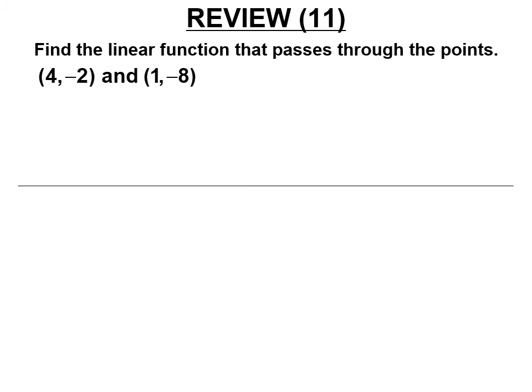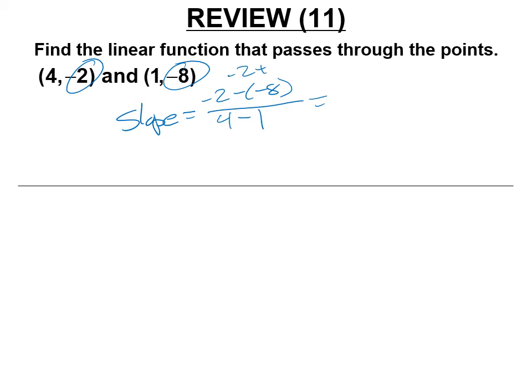All right, so that brings us to the ones where neither one of those is the y-intercept. So we have to find the slope. I'm going to subtract, and I'm going to do -2 minus -8 over 4 minus 1. -2 minus -8, same as -2 plus 8, 6. 4 minus 1, 3. The slope here is 2. So I'm going to put that in y equals 2x plus b. I'll pick the second one.